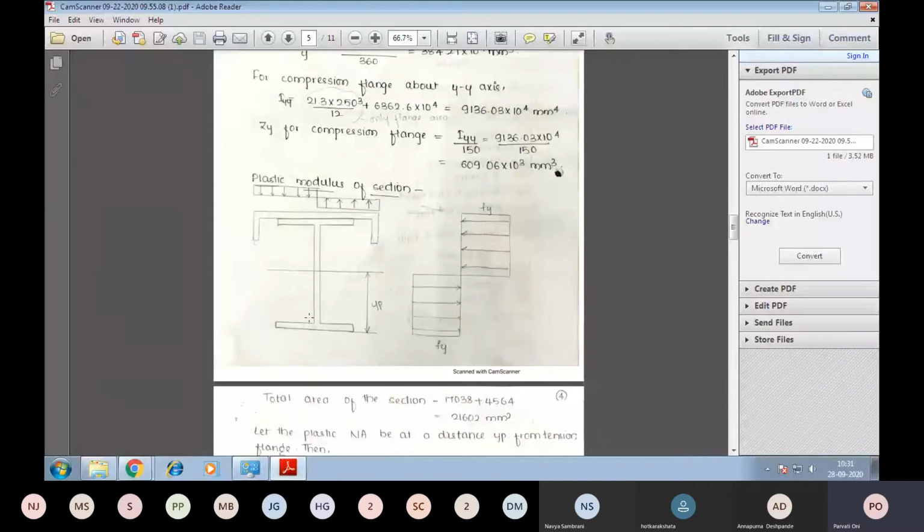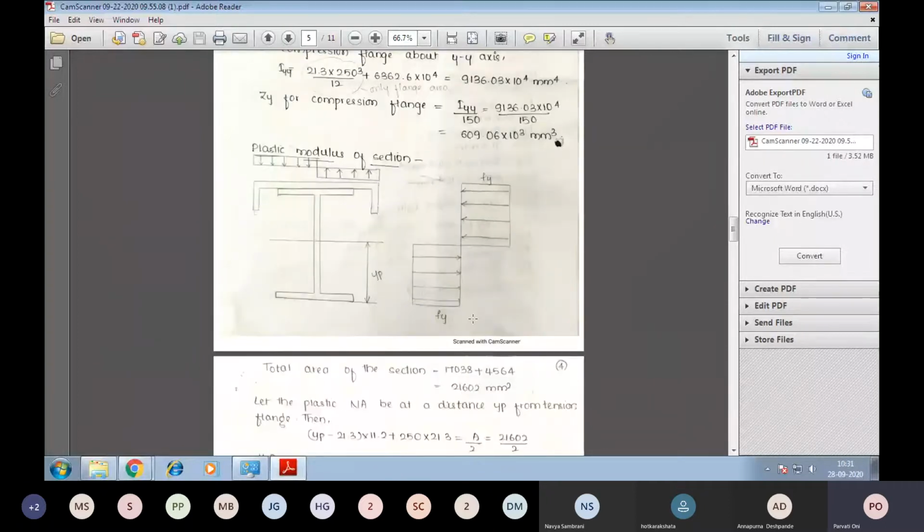When the section enters into the plastic zone, yielding of all the fibers occurs, dividing the whole area into equal parts, so the areas on both sides of the neutral axis will be the same. This is when the section enters into the plastic zone.